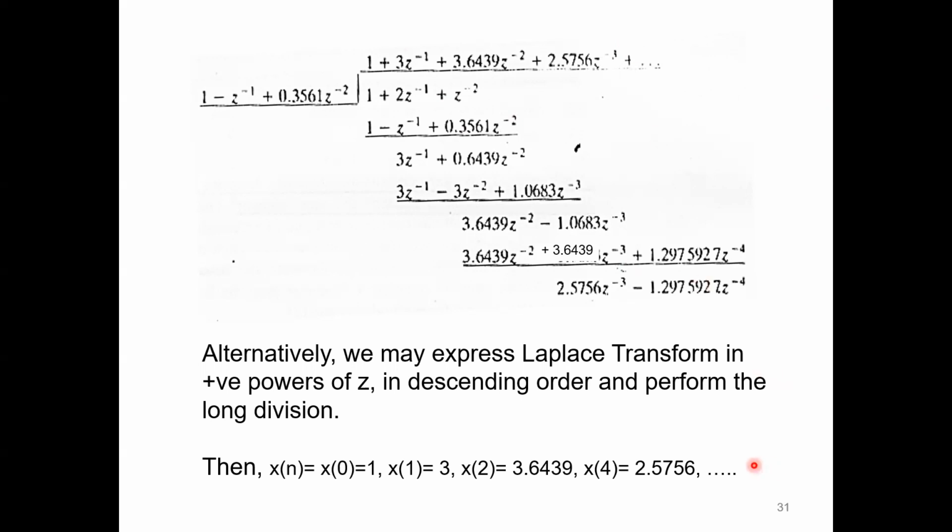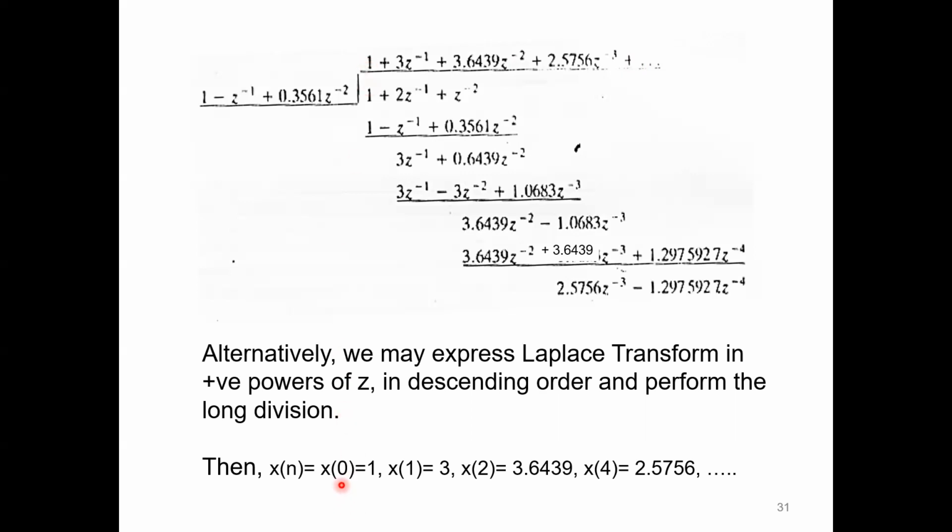Okay. Now, if you just look at the answer here, you can forget about the rational polynomial. Just look at this one. The first term is 1. So this is the first sample, right?